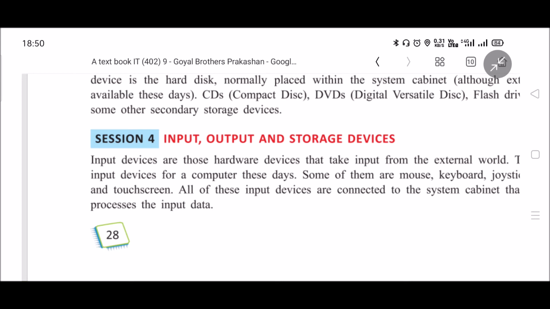Let us discuss the use of those input devices. Mouse is a pointing device, and nowadays all the commands are in the form of icons. The mouse is used to click that icon. Keyboard is used for both writing purpose and pointing purpose. Joystick is mainly used to play games on the computer, like when you are playing a car race.